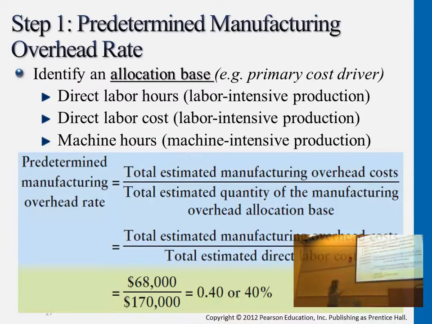So after we predetermine this rate, we want to know how much flows into a particular job order based on the unit that actually occurred for this job, right? So it would be, for example, 100 hours of labor hours working, 100 machine hours, where the labor cost $1,000, then you multiply by this 40% rate to get the total overhead cost and flow it into work in process.